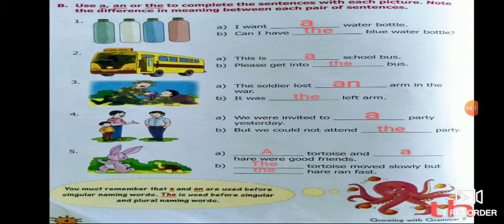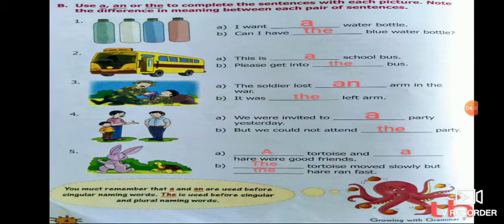See here, children. Exercise B. Use a, an, or the to complete the sentences with each picture. Note the difference in meaning between each pair of sentences. I want a water bottle.